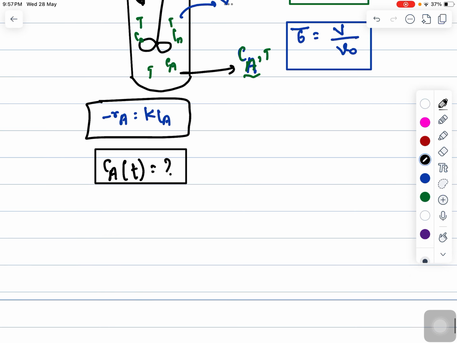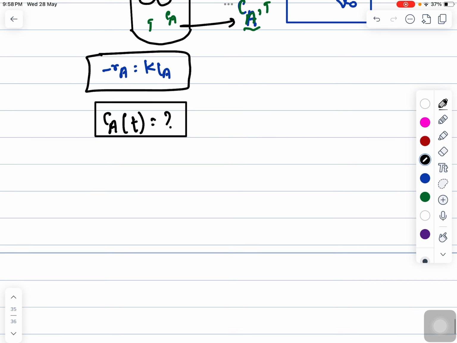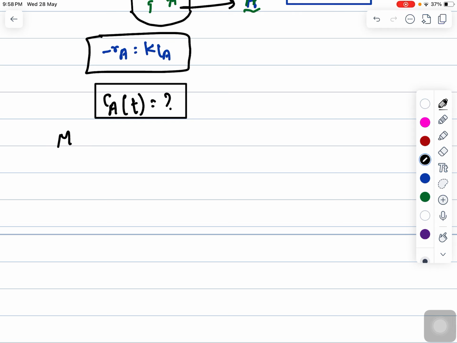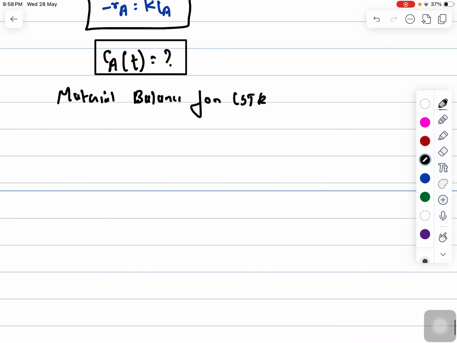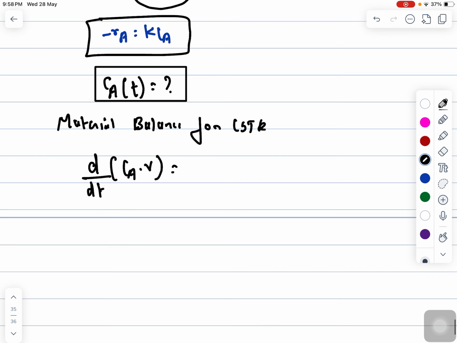Something like that. So Ca naught, obviously I have told you, is the inlet concentration, and Ca at t is the exit concentration, and v naught is the volumetric flow rate. Now if I want to write the material balance for the CSTR, what I can write is d by dt of Ca into V, that can be written as v naught Ca naught, the molar flow rate in, minus out, that is v naught Ca, since I am considering v naught as constant, and minus there is a reaction.